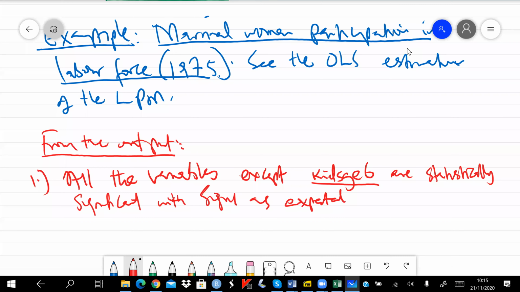So we have not seen a variable which we expect to have a negative relationship having a positive relationship, and vice versa. So it looks like the model fits well.